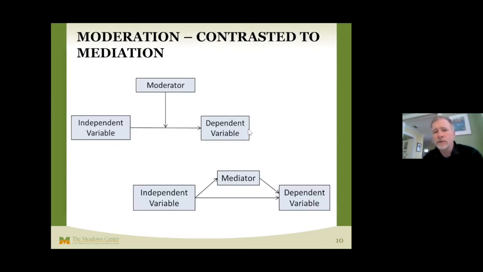At top, you have the moderator, which represents different levels of effect. So I think we've defined that. The mediator here actually explains the effect per se. In other words, it is going to help define the effect of the independent variable on the dependent variable.